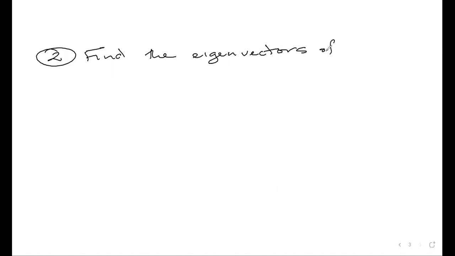Just write down the matrix here, 2, 3, 0, 1. So how do we find the eigenvectors?